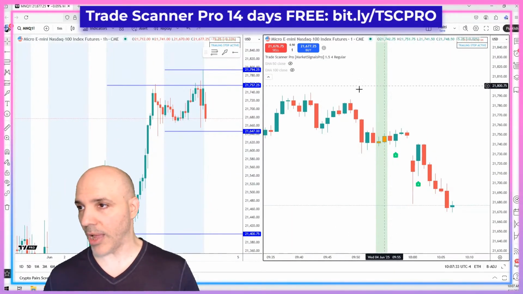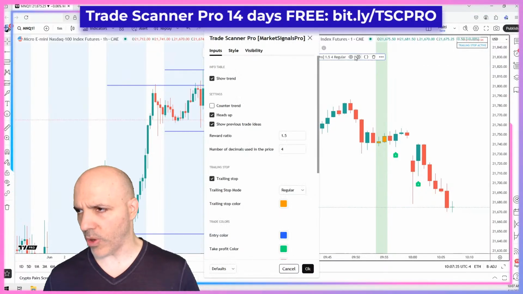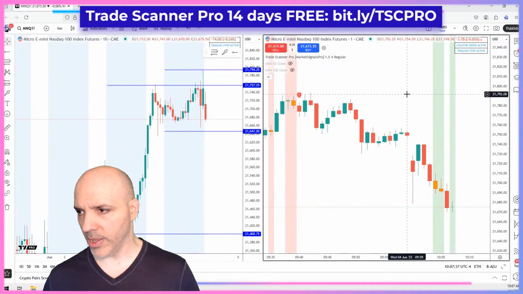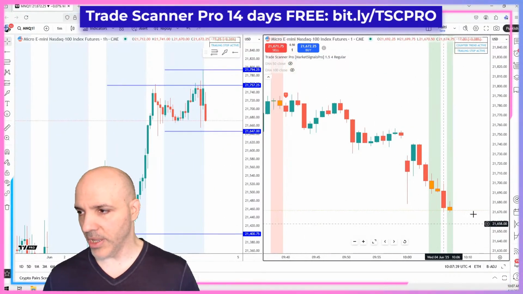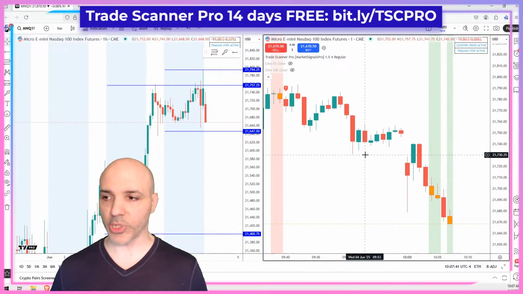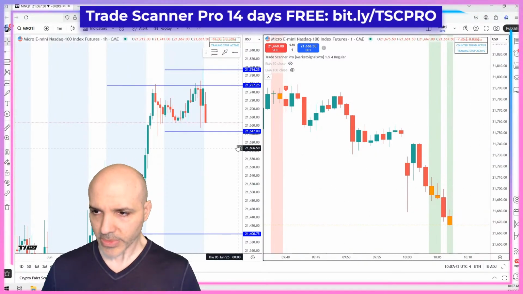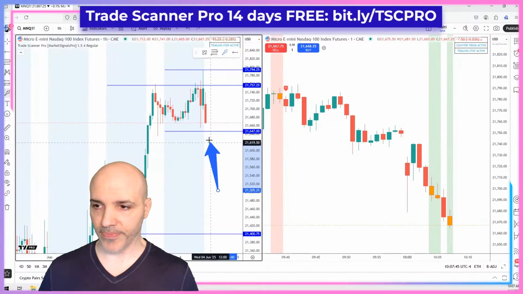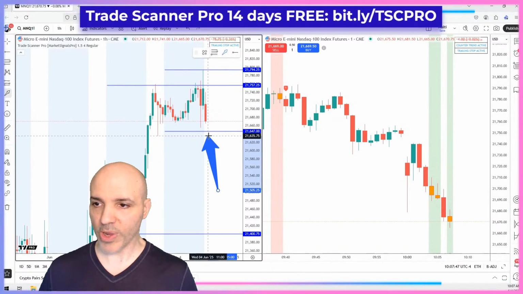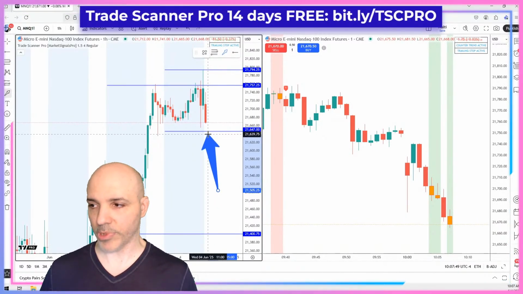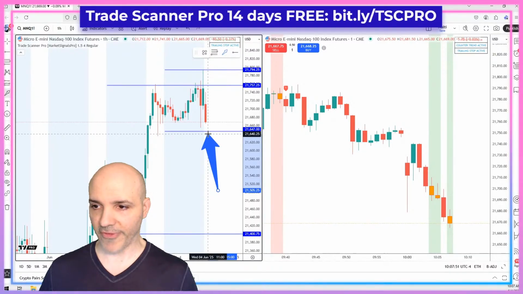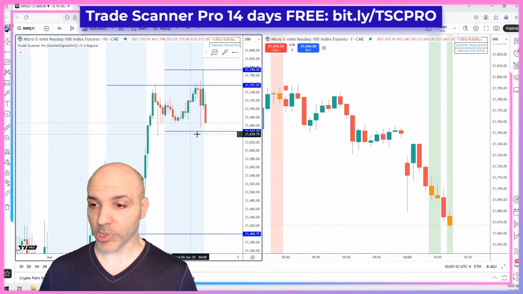All right, so I will be open to a long once more. So I'm turning counter trend mode back on because I'm open to a long. I'm not going to switch to short just yet because look at the location. We're near a support. So it's very possible we can bounce here, right? A significant bounce. Now, this is going to be my line.